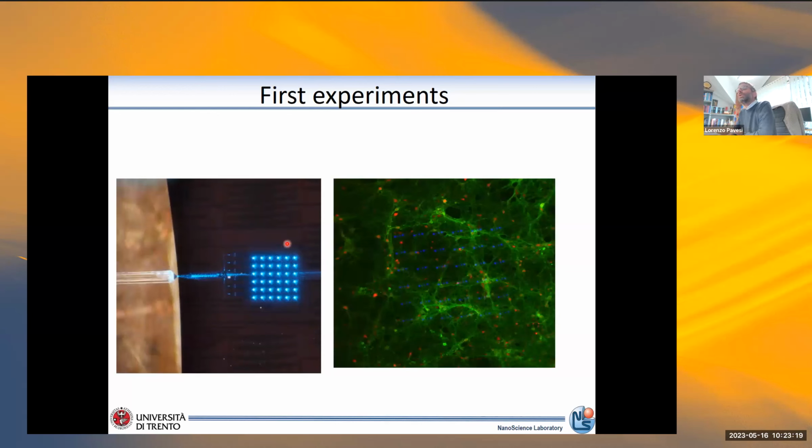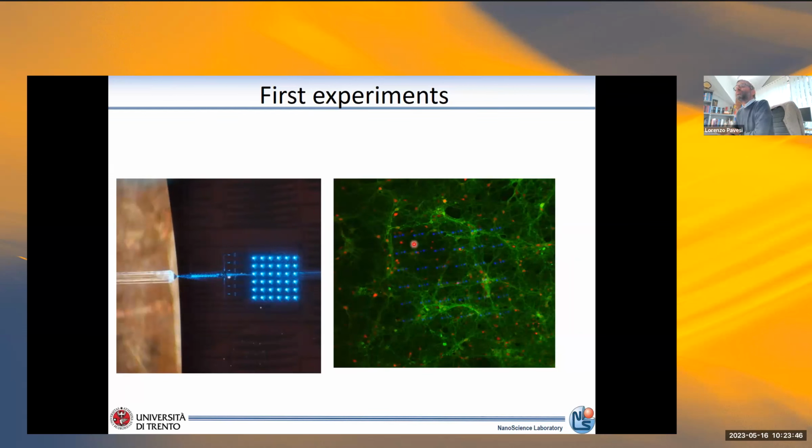And indeed, what you see here is a composite image where you see the neurons, the green structure. Then you see the blue dots that are the blue light that is scattered out from the photonic circuit. This light is absorbed by the light-sensitive proteins, the channels open, and the neurons start to be activated.